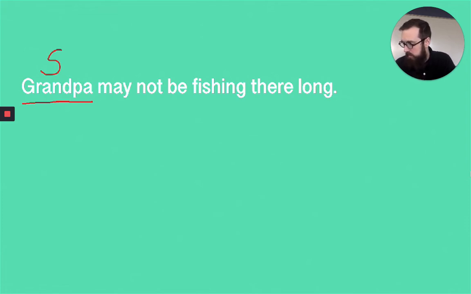Then in our sentence, it tells us that Grandpa may be fishing. Fishing shows the action, so it's our predicate. It's telling us what's going on with our subject. So fishing is our predicate, and it is a verb because it shows action.